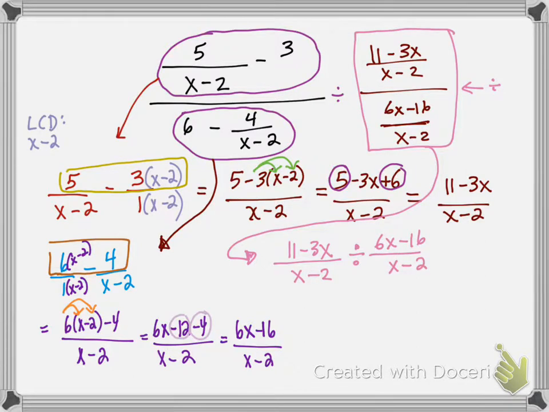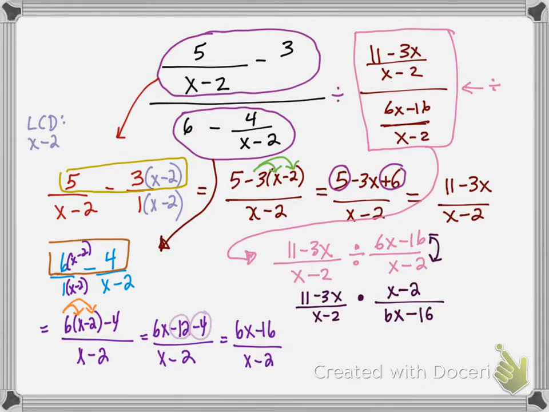Now, when you divide fractions, it's the same thing as multiplying by the reciprocal of the second fraction. So let's rewrite this. I have 11 minus 3x over x minus 2, and instead of dividing, I'm multiplying by the reciprocal of the second fraction. So in the numerator, now I have the x minus 2, and the denominator is the 6x minus 16.